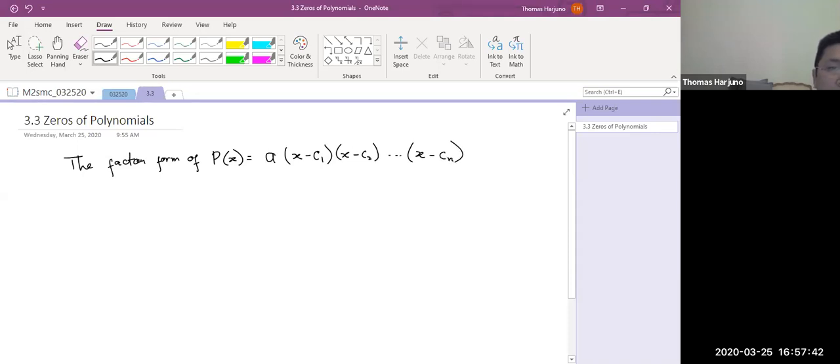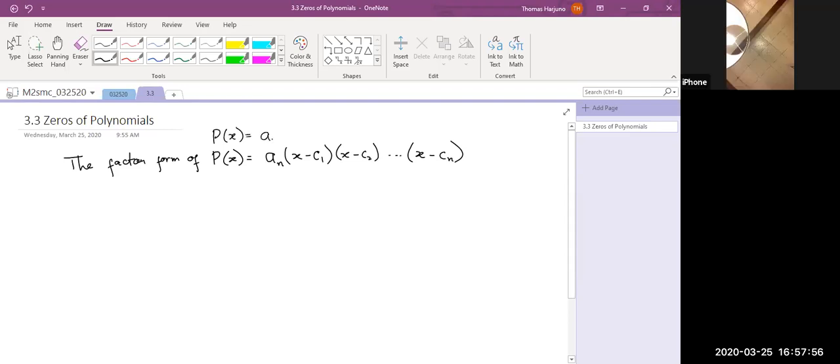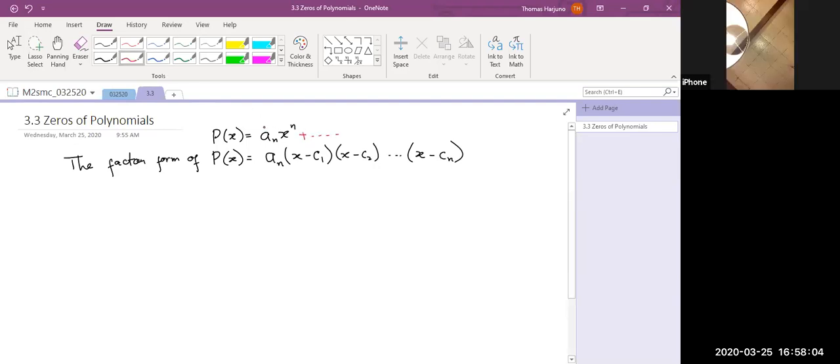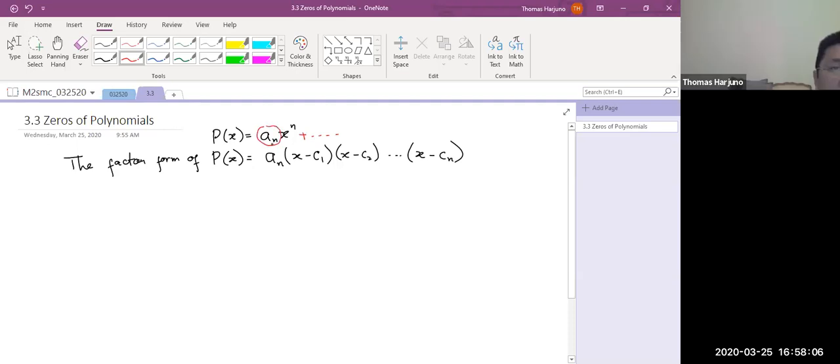To be more precise, the leading coefficient a sub n will be the leading coefficient of the factored form also. So suppose originally we have p of x equals a n x to the n. The leading coefficient we have here is being carried over to this.